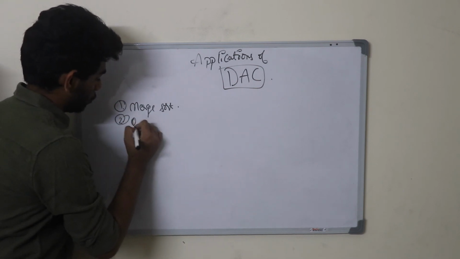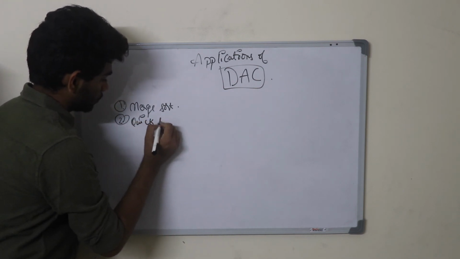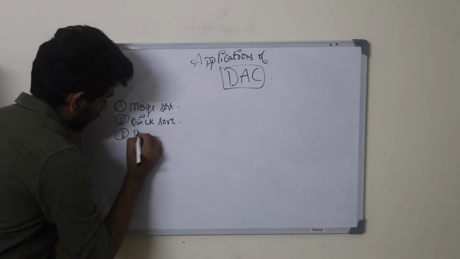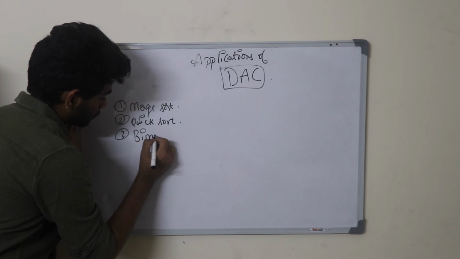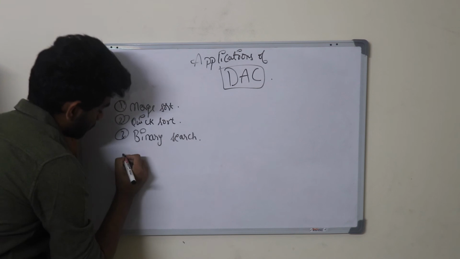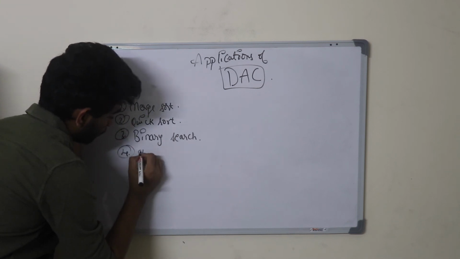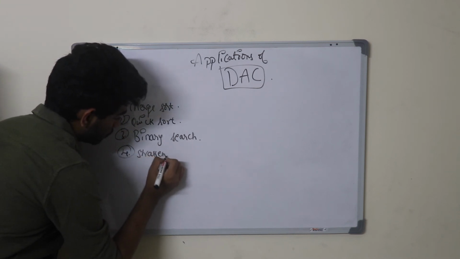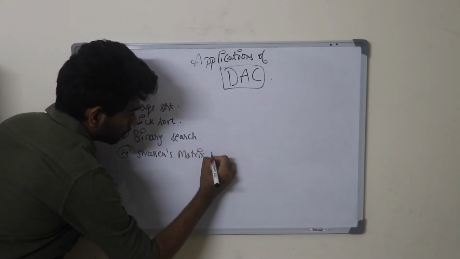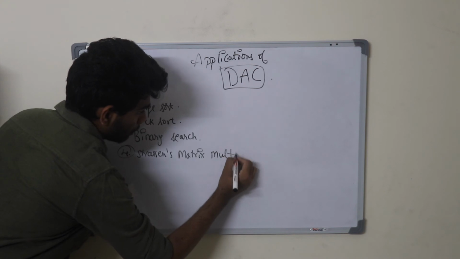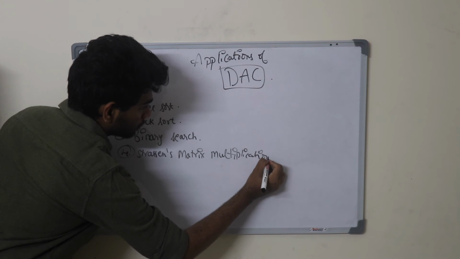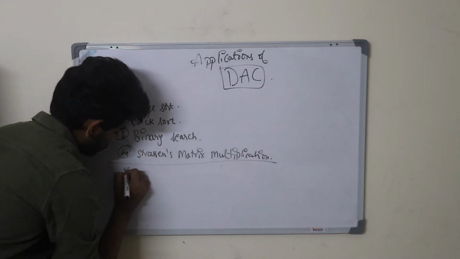Second is quick sort. Thirdly is binary search. Fourth is Strassen's matrix multiplication. It's one of the most used.